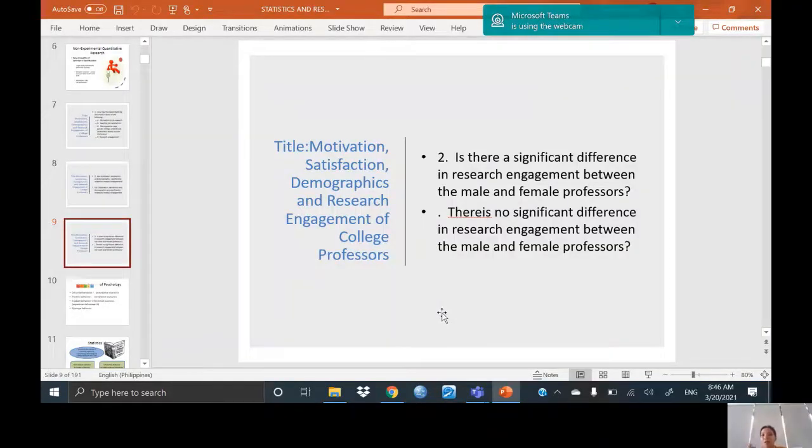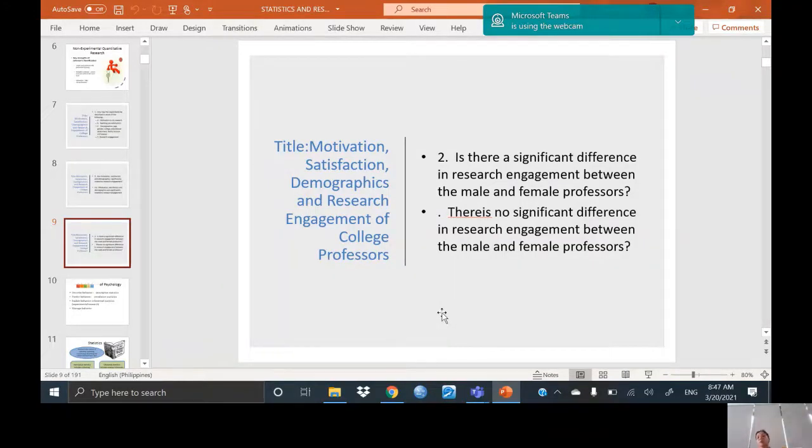So when you say significant difference, we will not be thinking of correlation or relationship. Rather, we will be thinking of tests of difference like the t-test, maybe, and analysis of variance. So most probably we'll be thinking of the t-test in this kind of problem.